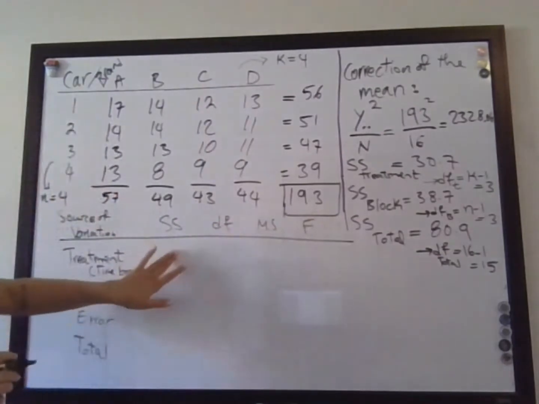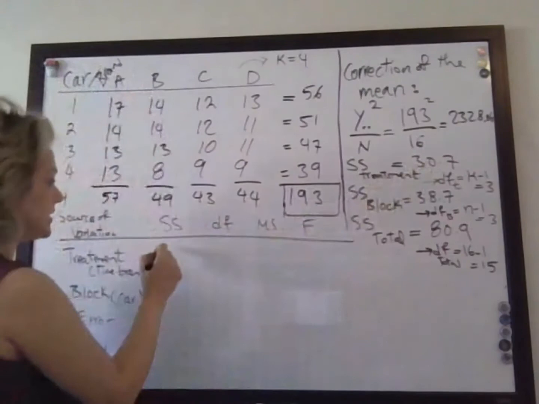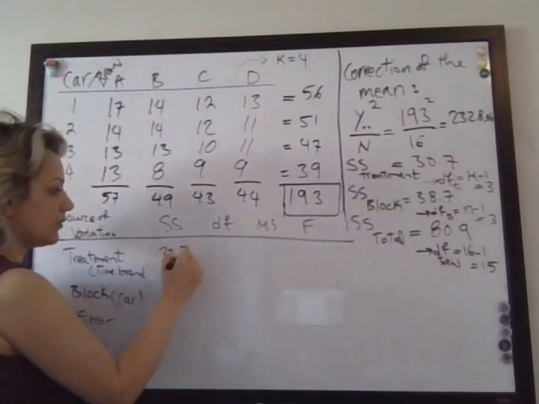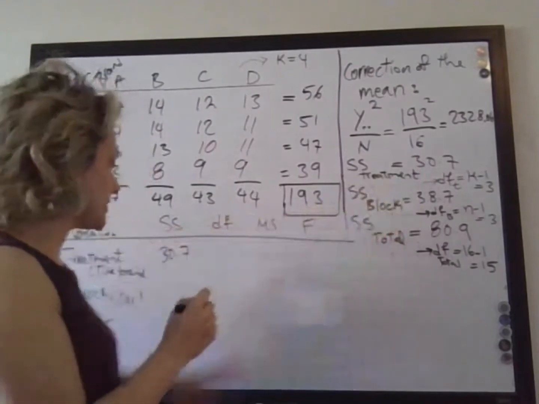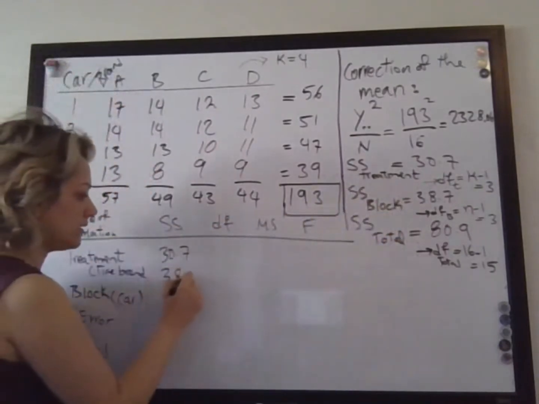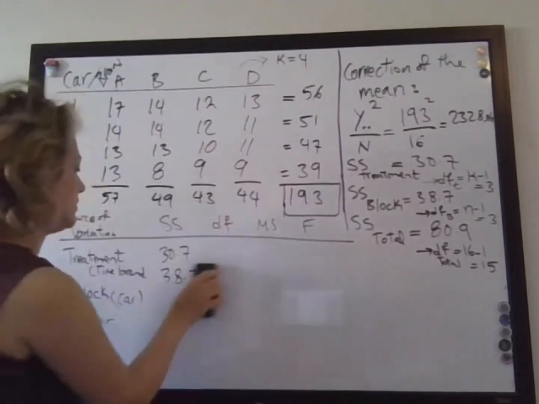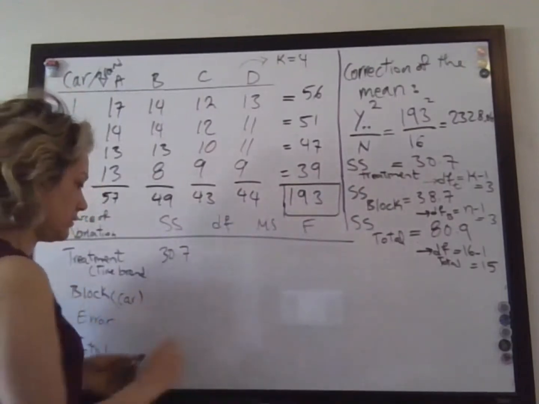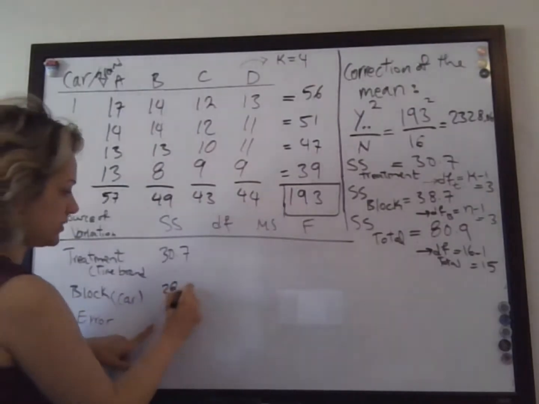Okay, so for sum of squares, we have it here, right? So it's 30.7 for the treatment, and for the block it is 38.7.